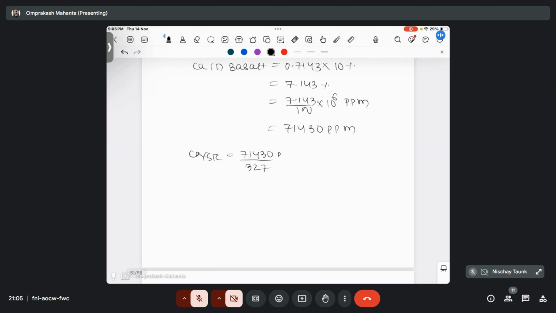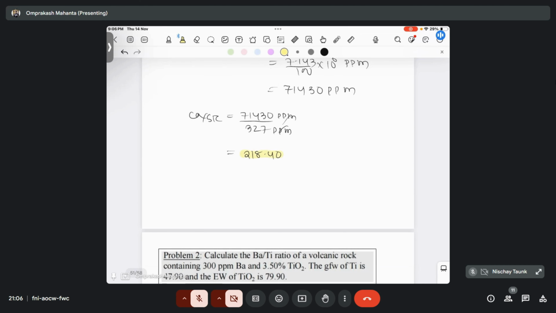Both are in ppm, so they will cancel out. The value will be around 218.40. Okay, so this will be your answer.